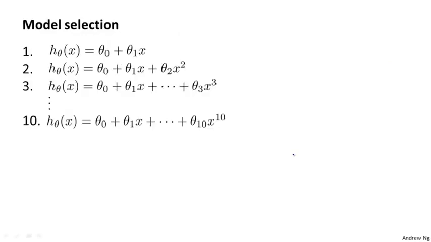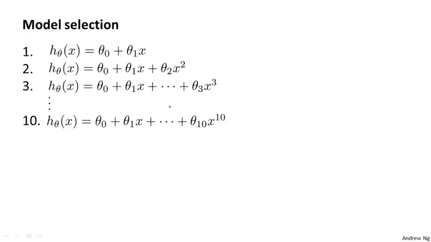So when faced with a model selection problem like this, instead of using the test set to select the model, we're instead going to use the validation set or the cross-validation set to select the model.